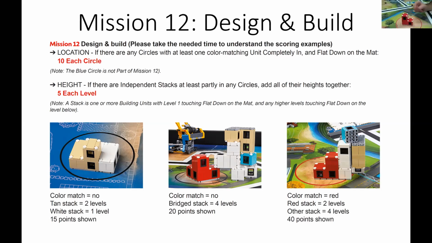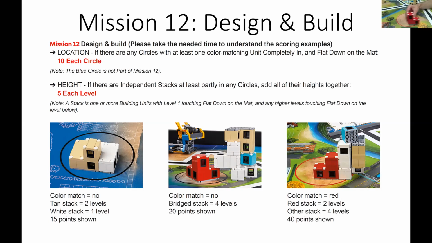So it says an independent stack is a stack of 1 or more building units with level 1 touching flat down on the mat and any higher levels touching flat down on the level below.